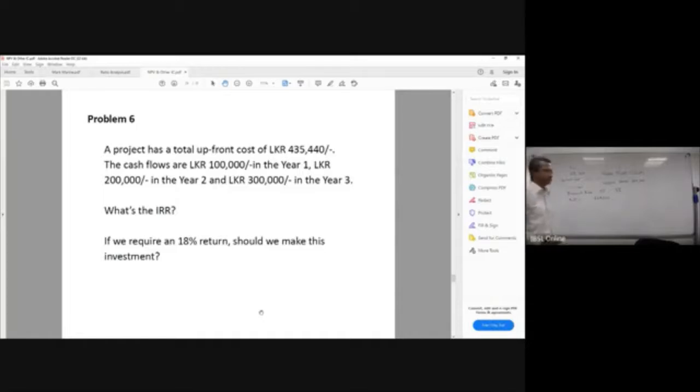So what you do is calculate the discount factors, multiply, and then add. Anyone who can't understand or it's not clear, ask me, because if you don't know this, then you can't calculate NPV or IRR.